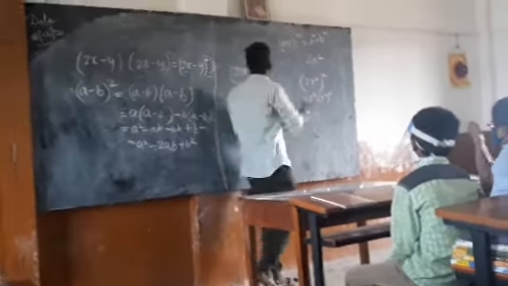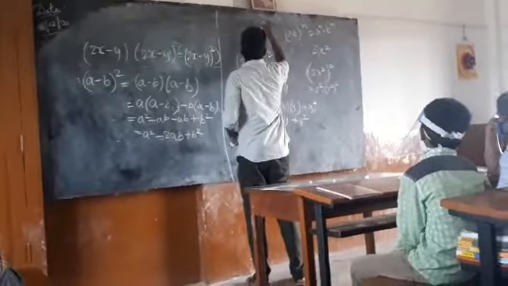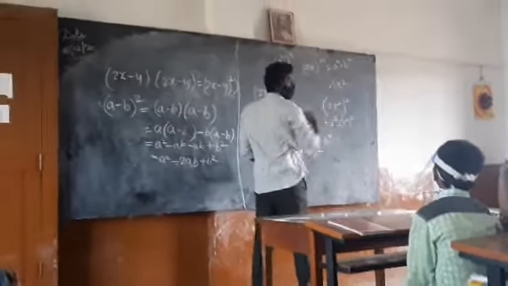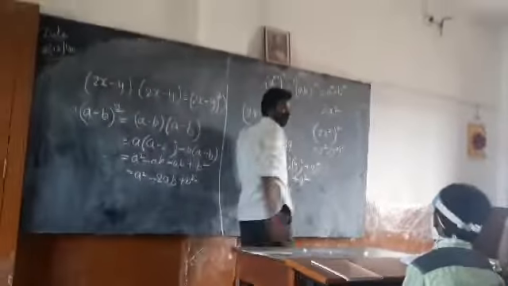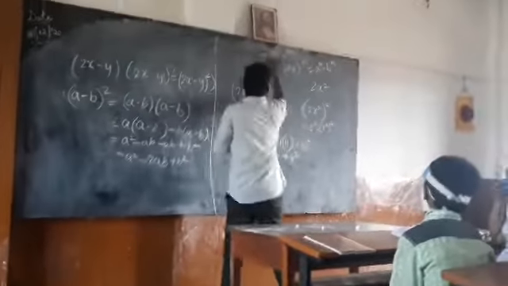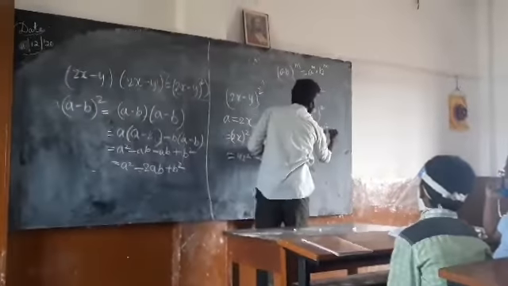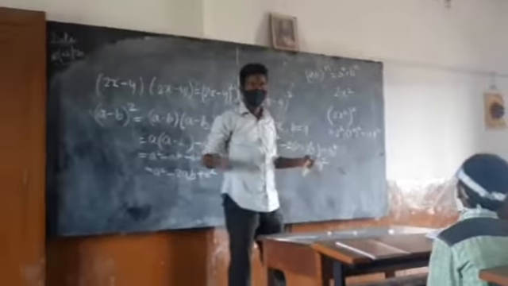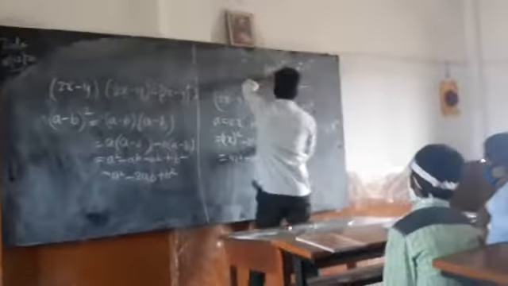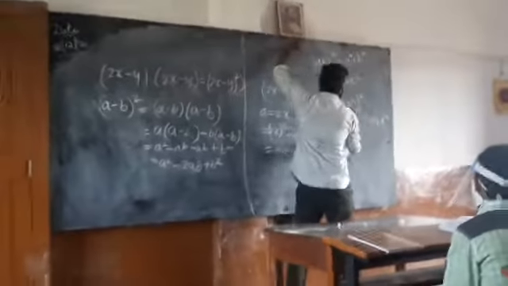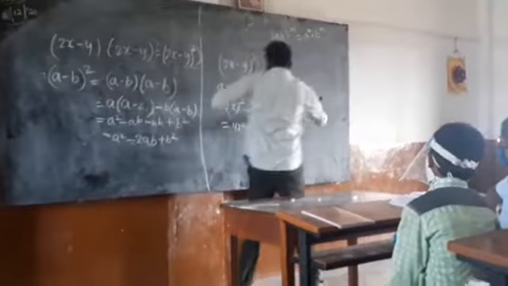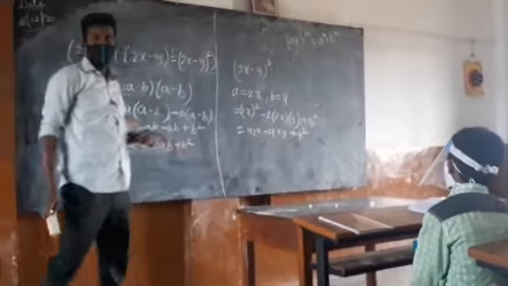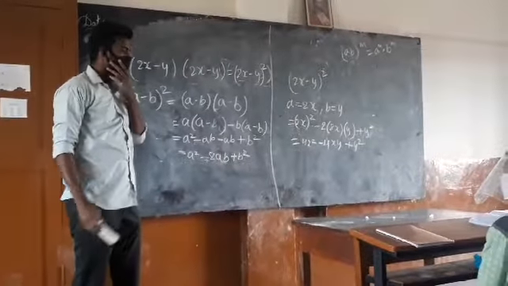The formula is a power m whole power n equals a power mn. So it is 4 x power 4. Understood? Clear? Likewise, you are going to apply this formula. In this way you are going to solve the problems.